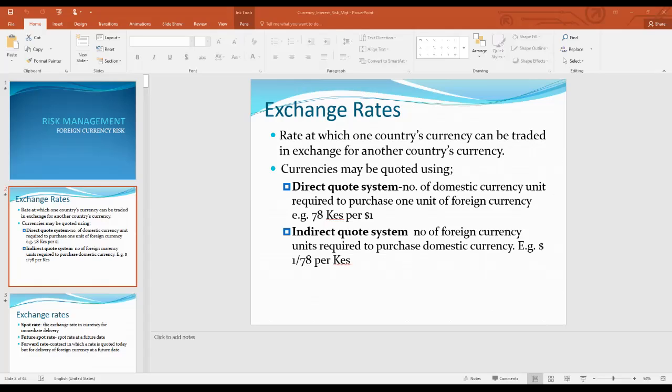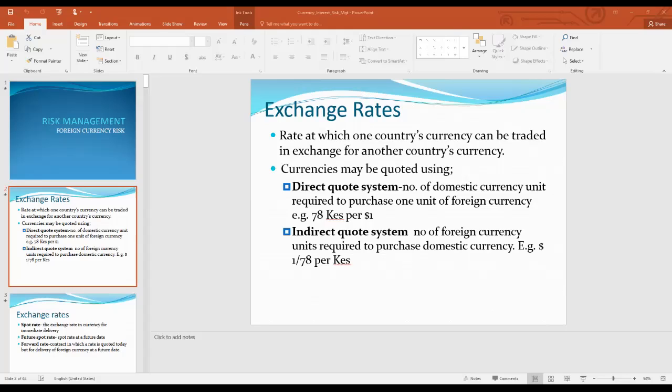An example would be the Kenya shilling versus the dollar, the way it is quoted in Kenya. The quotation is $1 is equal to how many Kenya shillings. That's called the direct quotation. If you have a case where 1 Kenya shilling is equal to maybe 10 Tanzanian shillings, that becomes an indirect quotation.